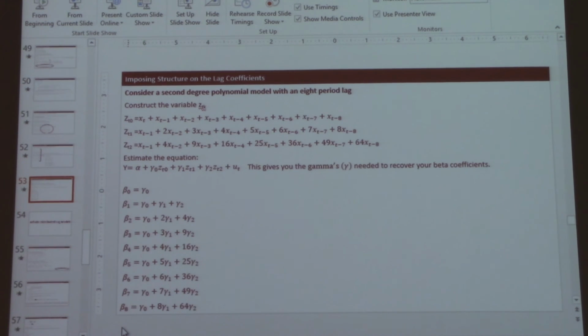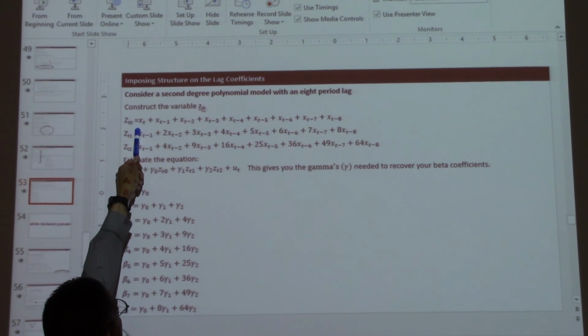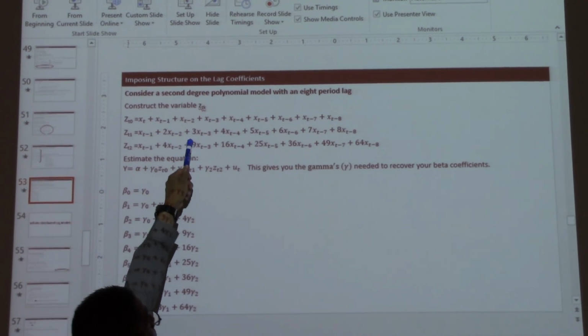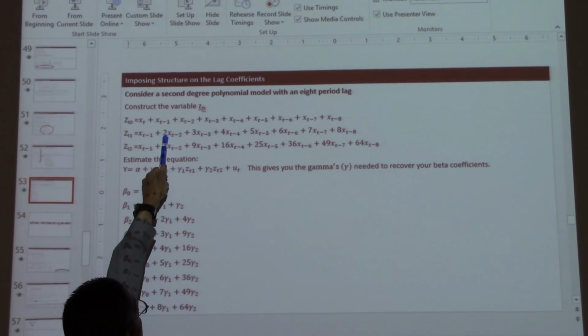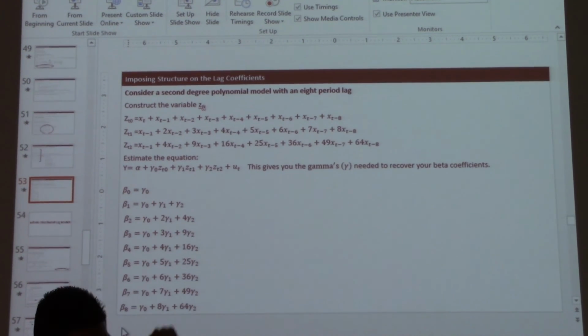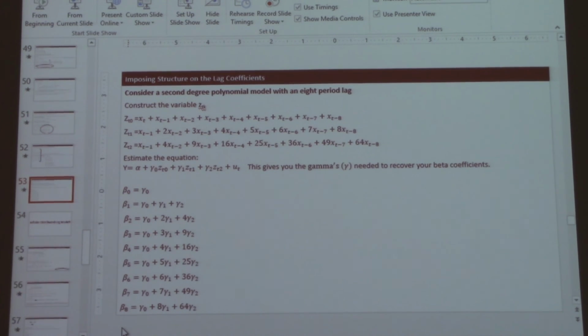And what is the form of the z equation? Remember, x is still just x, which is advertising. And we need to construct this. So advertising, lagged advertising, 2-period, and so on. ZT1 is we're just going to multiply 2-period lagged advertising by 2, 3-period lagged advertising by 3, 4-period lagged advertising by 4.